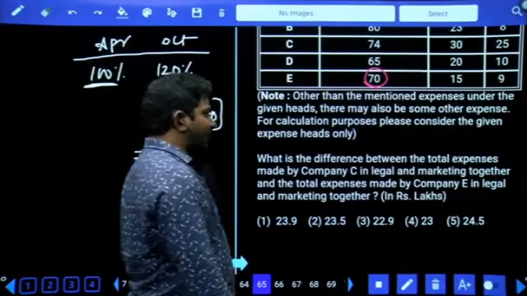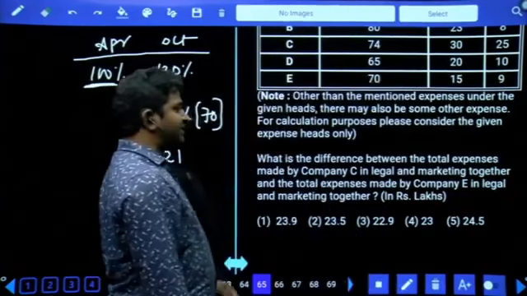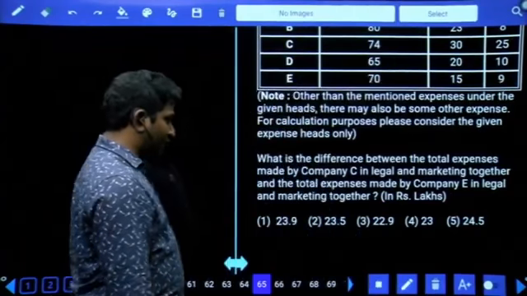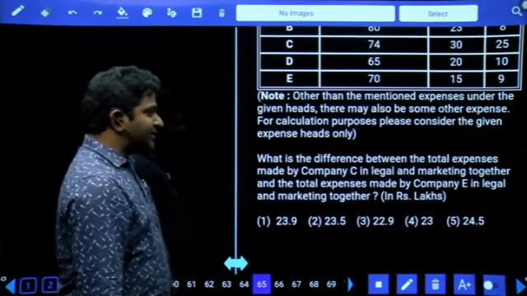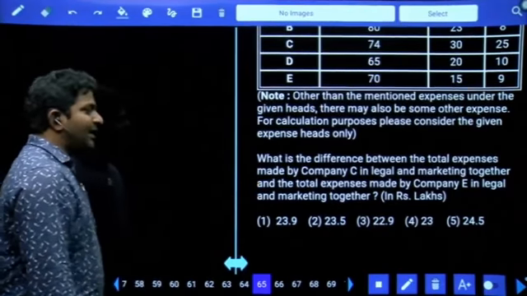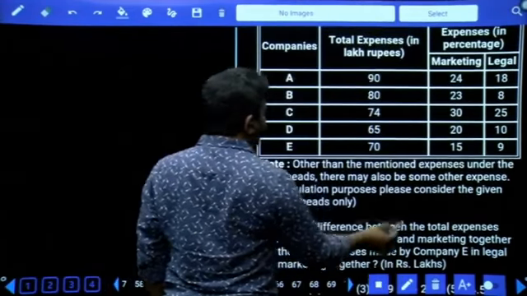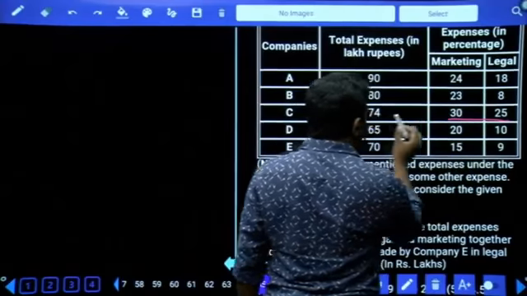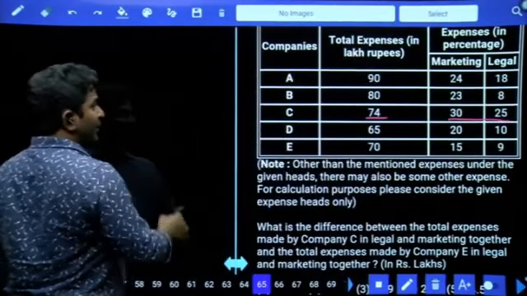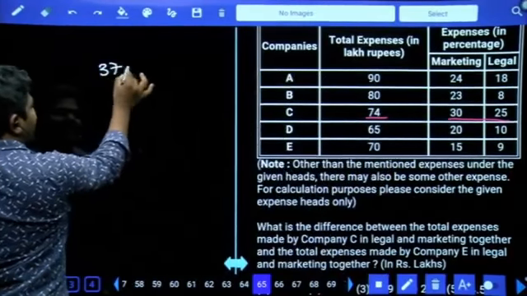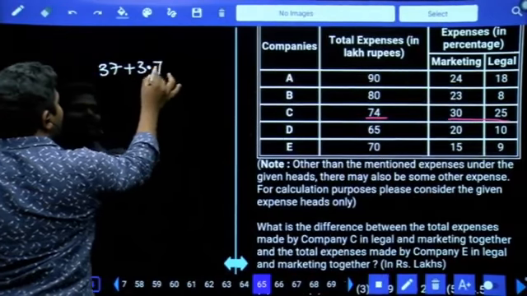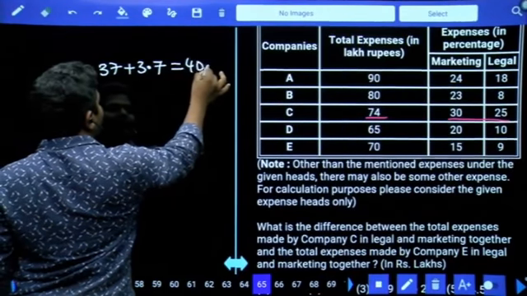What is the difference between total expenses made by company C in legal and marketing together and the total expenses made by company E, legal and marketing together? C and E. Company C, 55% of this number. 50% is 37, 5% is 3.7, total 40.7.